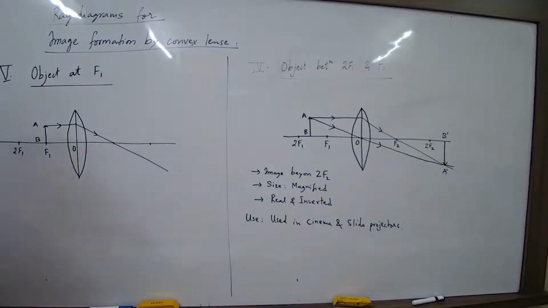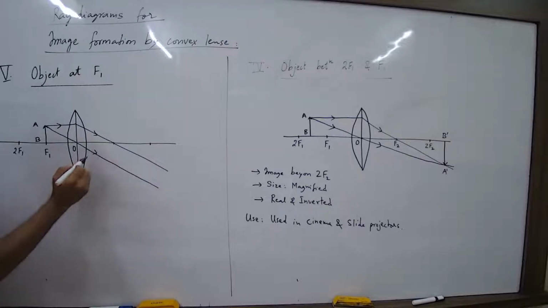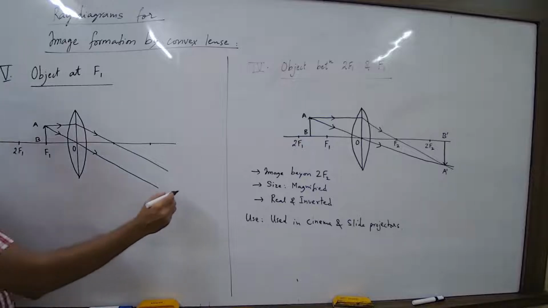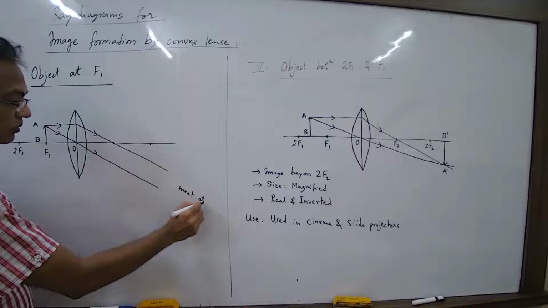Right. Now what about the ray passing through O? It will not deviate. So are the rays parallel? Yes. They are parallel. So it will meet at infinity.